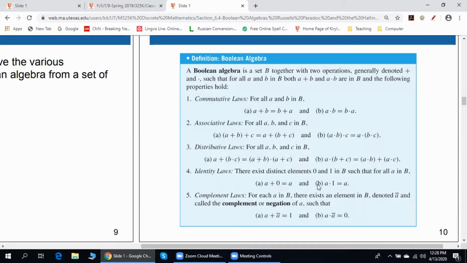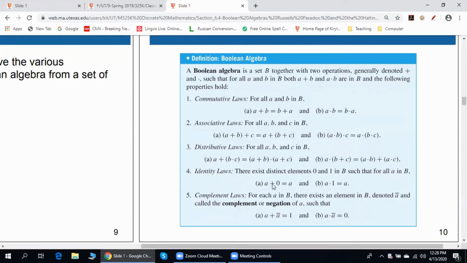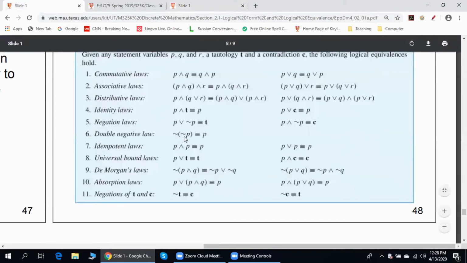Talking about logical operations, can you translate this and this into the language of logic? A or contradiction is A. Let us go back to this. P or contradiction is P, correct?